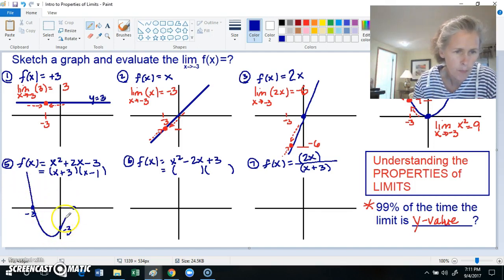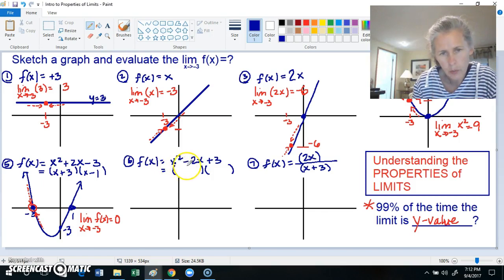Drawing that parabola, roughly, here we go. As x approaches -3 from the left, and as x approaches -3 from the right, what y value is my function approaching? The limit as x approaches -3 on this function, I'm just going to call it f of x, is 0.